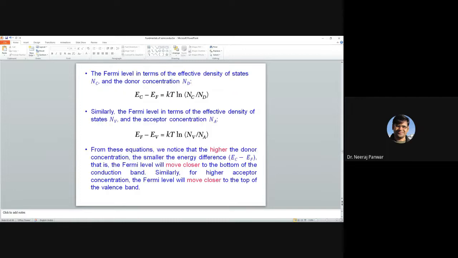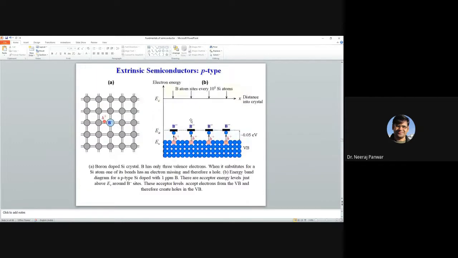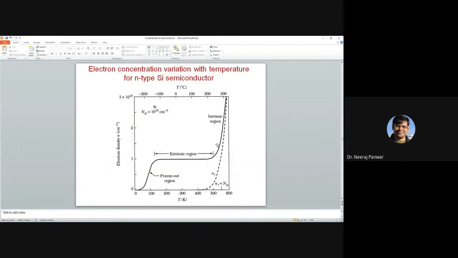That's why we started our discussion with this curve. At high temperature, the semiconductor becomes intrinsic. The Fermi level is now at the center of the band gap. Here at this position, the Fermi level is in between the donor level and the bottom of the conduction band, very close to the conduction band.